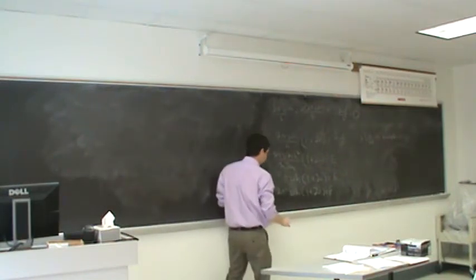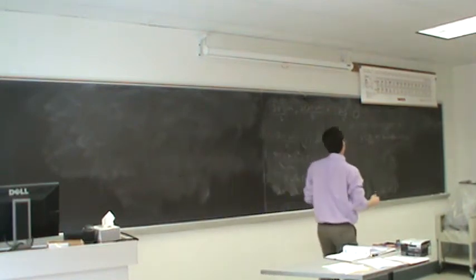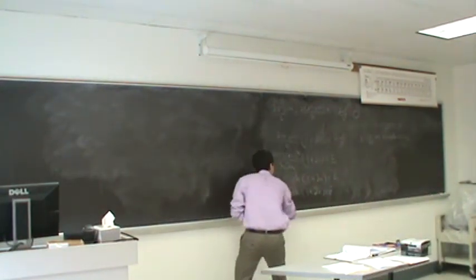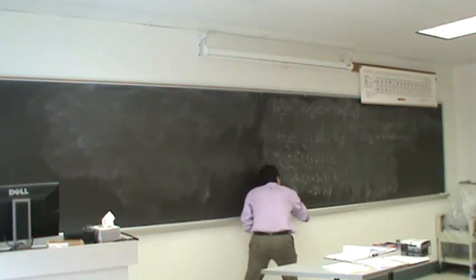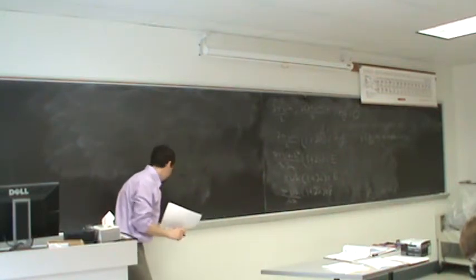When you plug in h bar, isn't it h over 2 pi? So h bar is h over 2 pi. Yes, you're right. There we go, that's what we were trying to do.